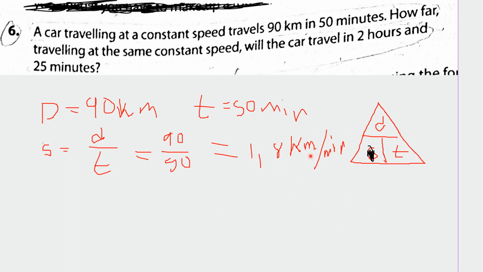So with this speed that we know, the question asks again how far, traveling at this constant speed of 1.8 kilometers per minute, will the car travel in 2 hours and 25 minutes. So what you want to do here is convert your time to minutes, because your speed is in minutes.